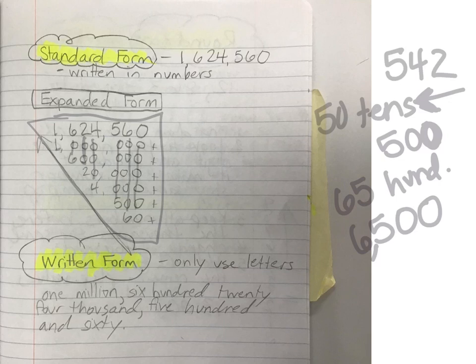That's expanded. When you are asked to write in written form, remember you are only going to use letters. There's not going to be one number in there. Don't put 600. Nope, you have to write out 6. So 1,624,560. For the test and review, let's write them all out because it's kind of a formal way.